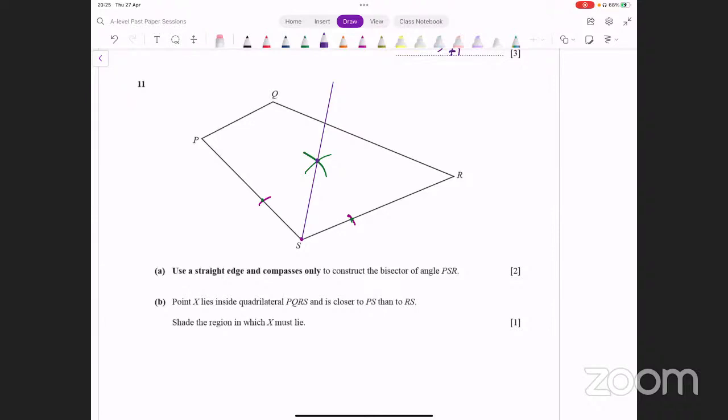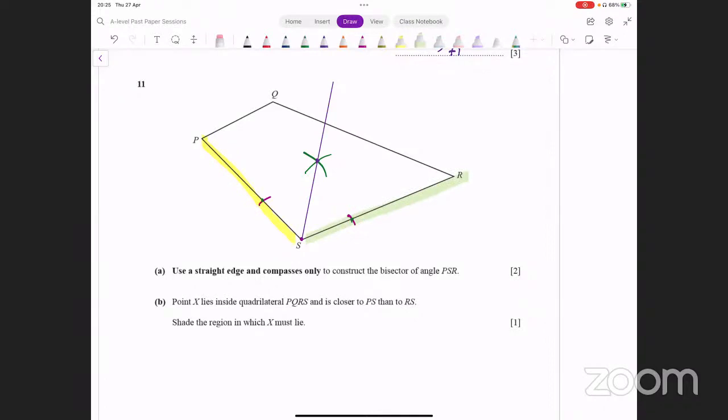Okay, now it says point X lies inside quadrilateral PQRS and is closer to PS than to RS. Quadrilateral PQRS के अंदर कोई point है X, but it's closer to PS, PS के करीब है और RS से दूर है.